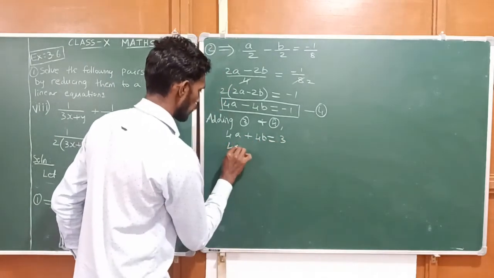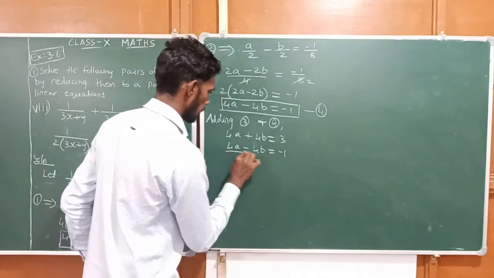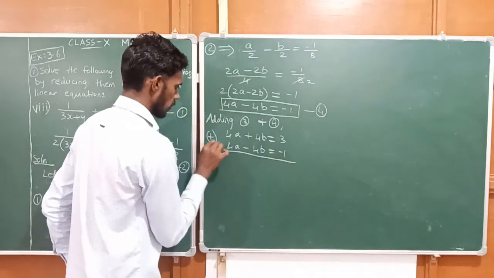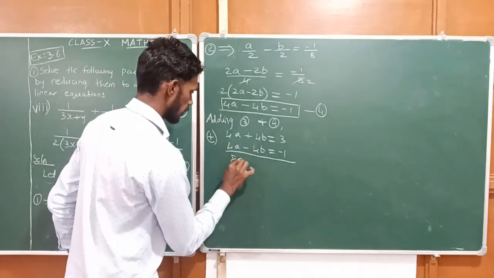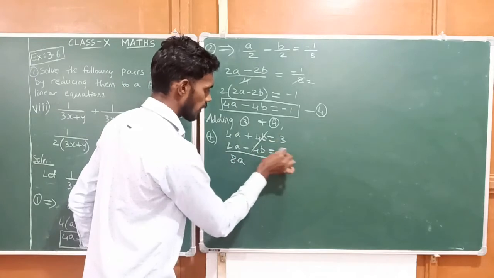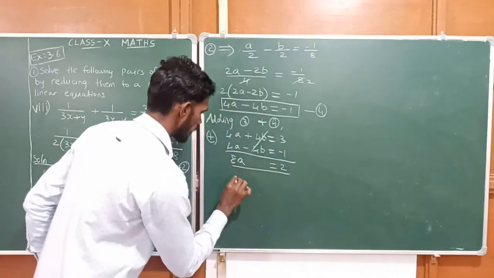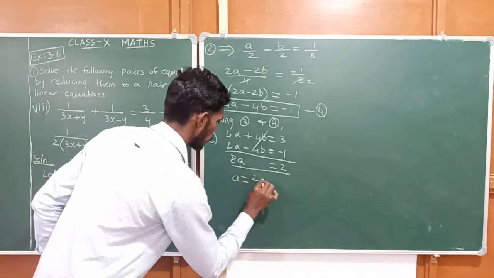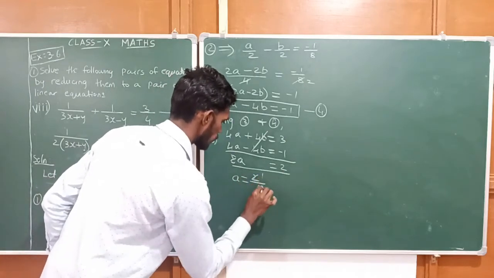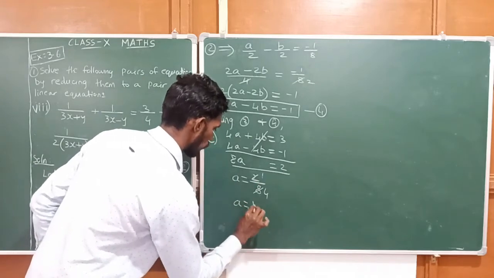Here 4a minus 4b is equal to minus 1. On adding 4a plus 4a, it is 8a, then plus 4b minus 4b, it will be cancelled, then 3 minus 1 gives 2. So 8a is equal to 2, a is equal to 2 by 8, which gives 1 by 4. The value of a is 1 by 4.